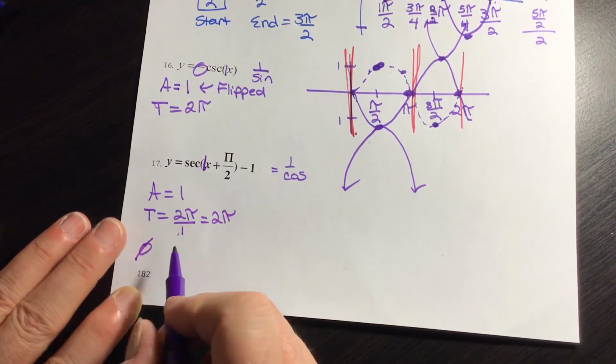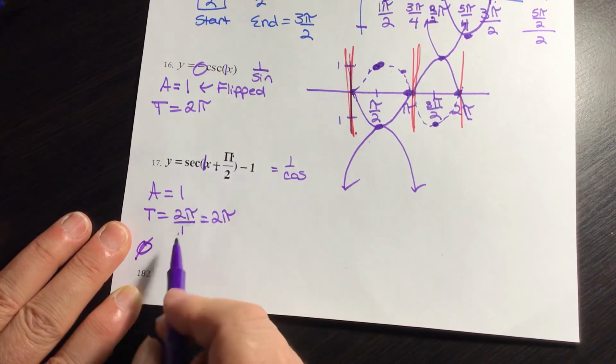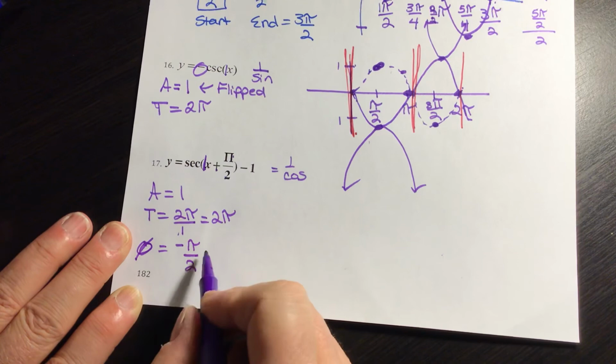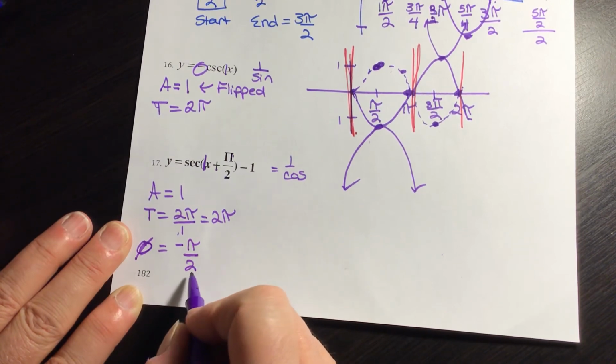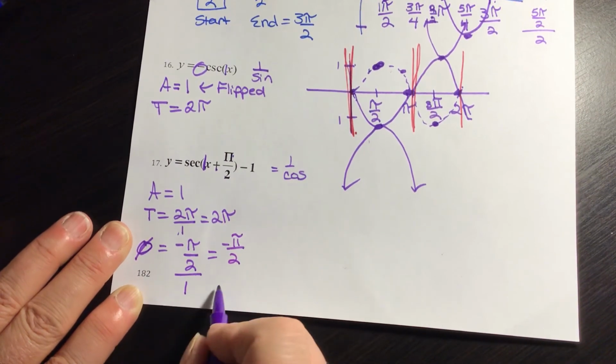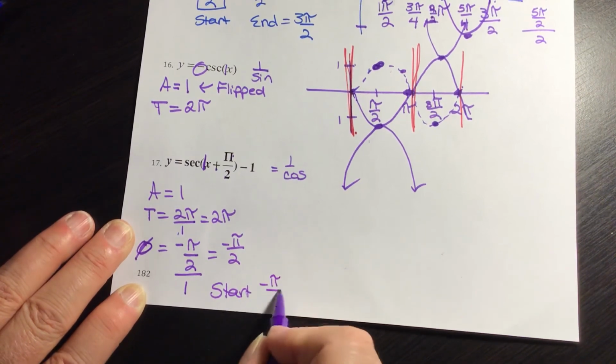And my phase shift is the opposite of pi over 2, which is negative pi over 2, divided by b, which is 1. So this is negative pi over 2. So I'm going to start at negative pi over 2.